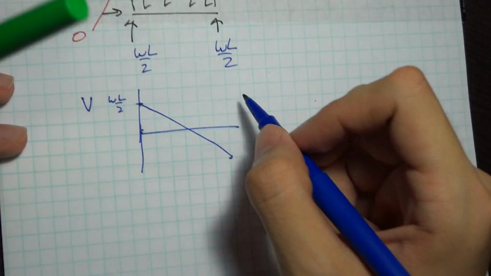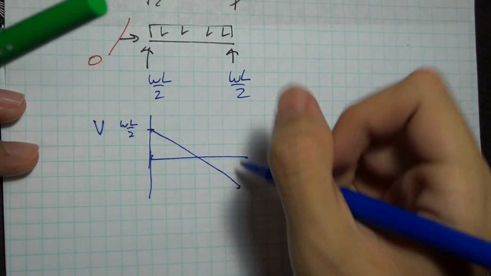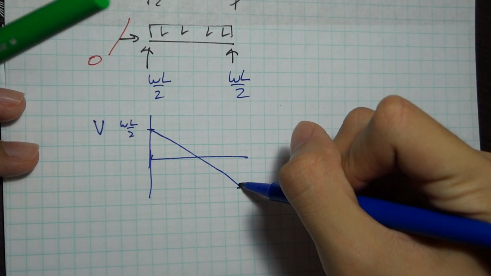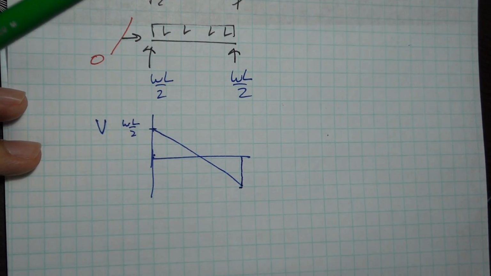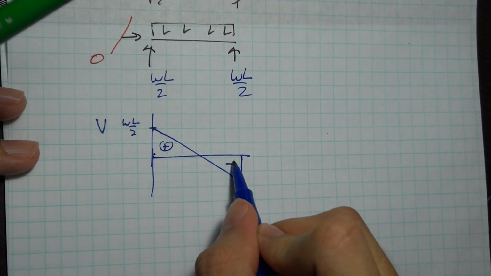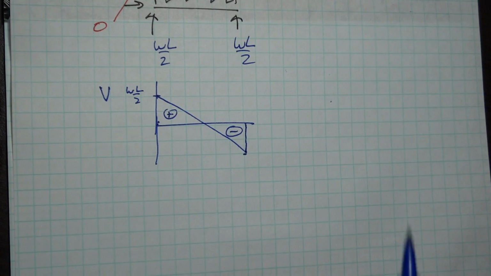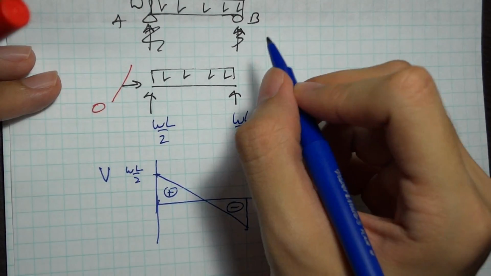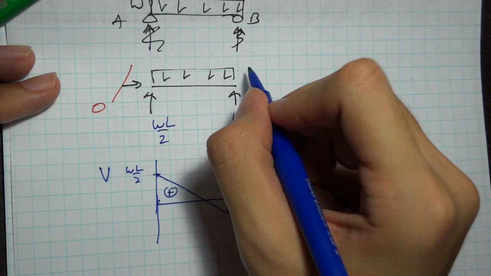And then I look at this and I say, well, now this reaction here is driving my shear diagram up again. It drives it up by WL over 2. And this is positive, this is negative, and all is good. Now note that this W is constant.